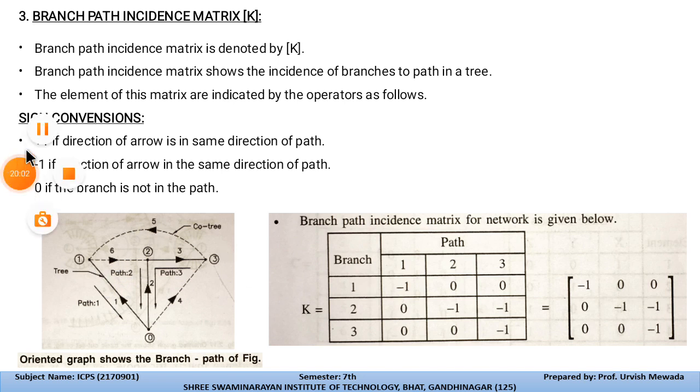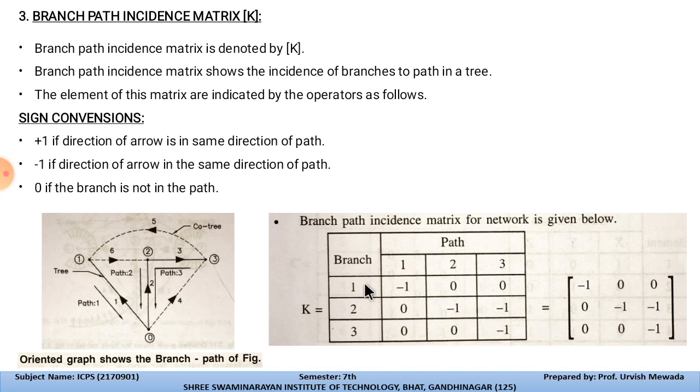Now, in this sign convention, I made a typing mistake. This is not the same, this is the opposite direction. So minus 1 will be taken when the arrow of the path is in the opposite direction. Here you can see that path 1 and this operator are both in the opposite direction.